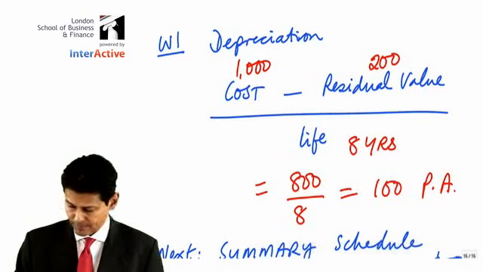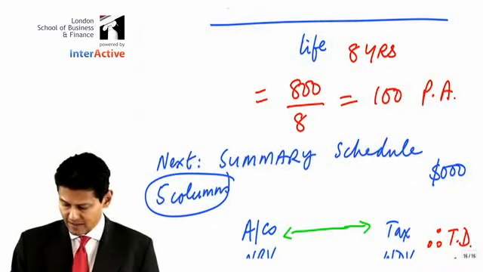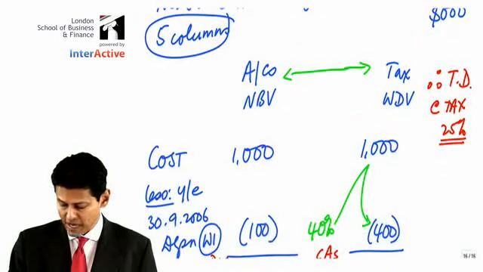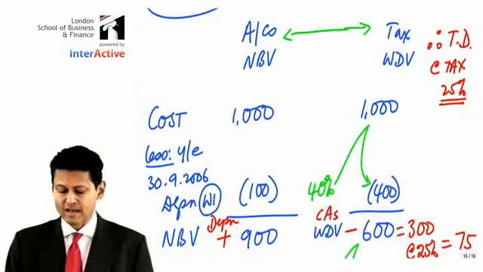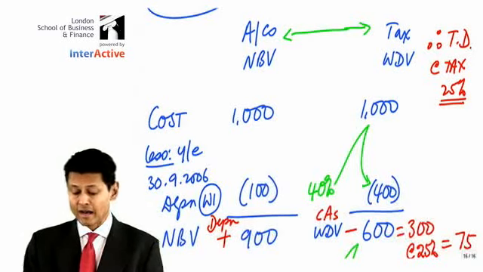Nothing to that. Easy marks. You must score all the easy marks. This is a much cleverer idea, the summary schedule. So what I've done is I've left a bit of a gap between the accounting and the taxable view of things.